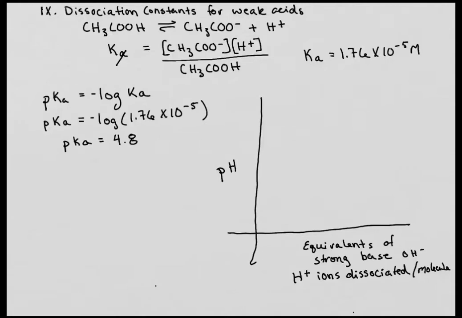So let's start with this notion that the more base we add, the higher the pH gets. So we start over here at very, very low pHs until finally we get up to higher pHs.